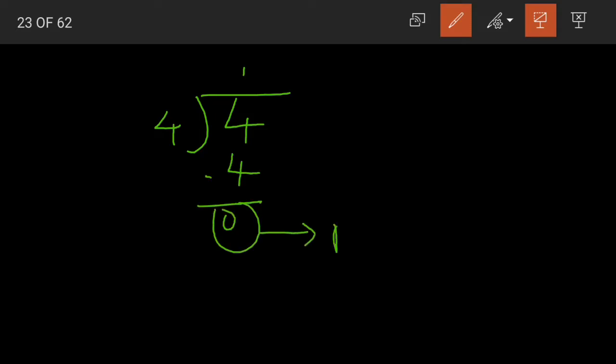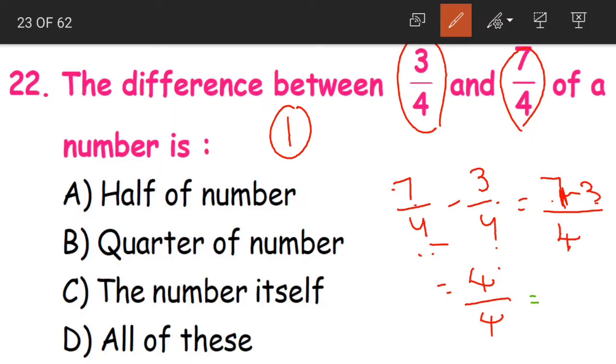If we divide 4 by 4, 4 ones are 4 and the remainder is 0. So the quotient is 1. When we subtracted 7 by 4 and 3 by 4, we got 1.